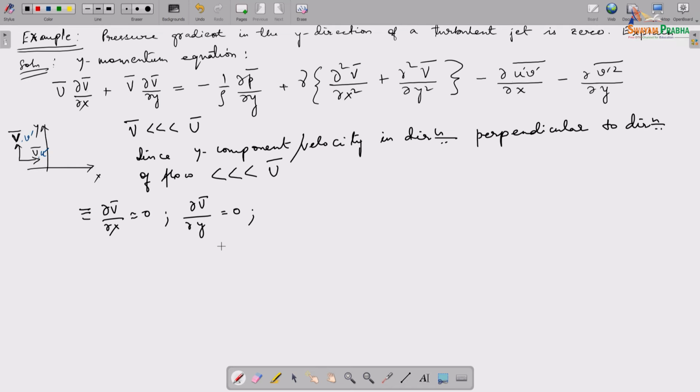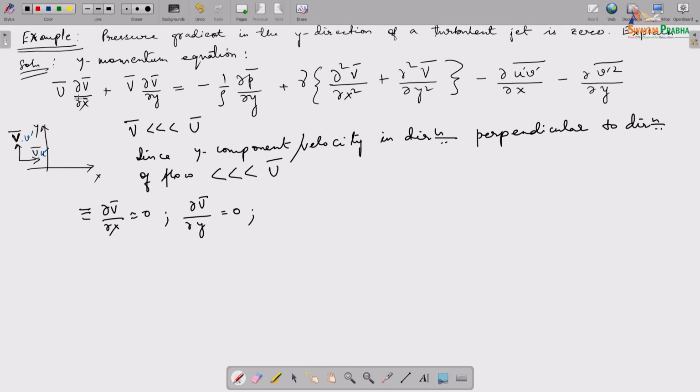So I am writing this. Why am I writing this? I am writing this because these are terms in the y momentum equation, and I am just using this from the definition, right.